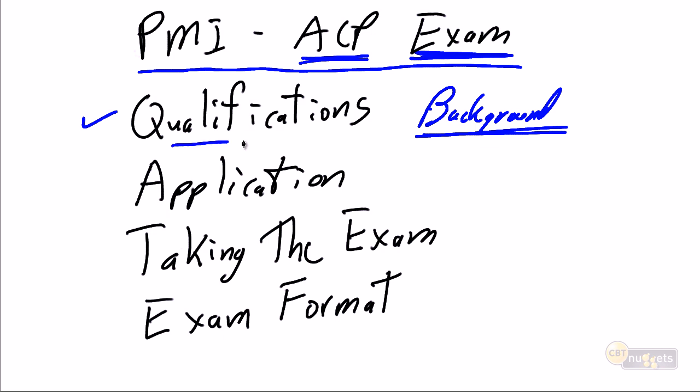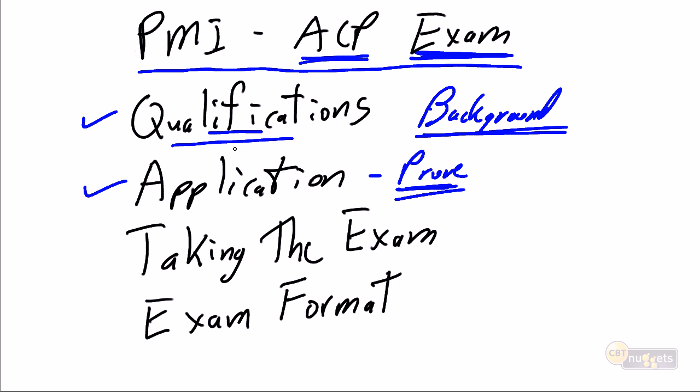So assuming you pass all of the qualifications, you then go in and you submit your application, recognizing that you have to prove to PMI that you have all of the qualifications they expect, and be prepared that some of the applications will be audited, and you literally have to be able to provide proof, including names and addresses, to satisfy the audit requirements.